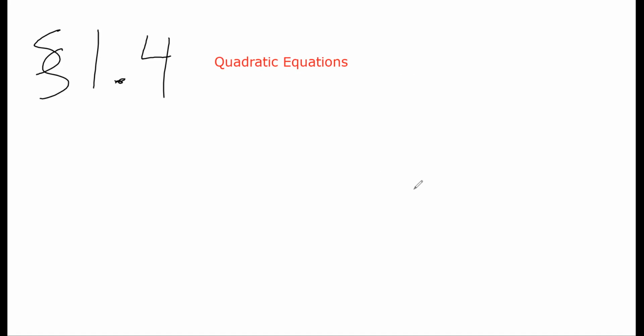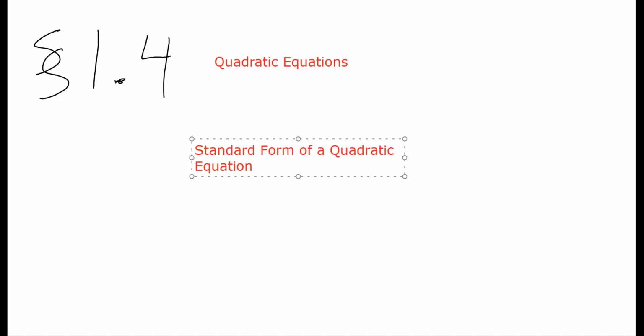So let's introduce the standard form of a quadratic equation. And it's going to look a little something like this. Boy, they love using A, B, and C, so I'm going to use A, B, and C here.